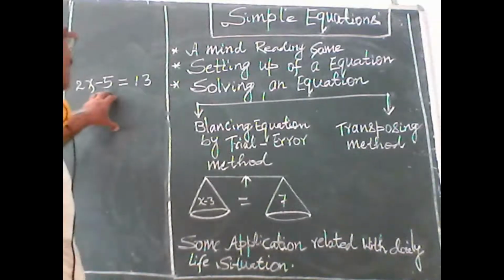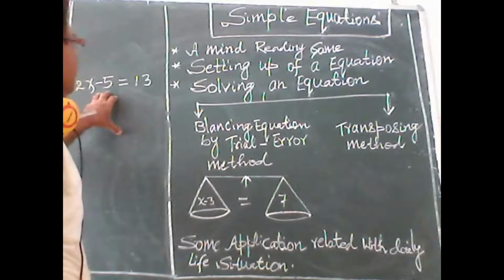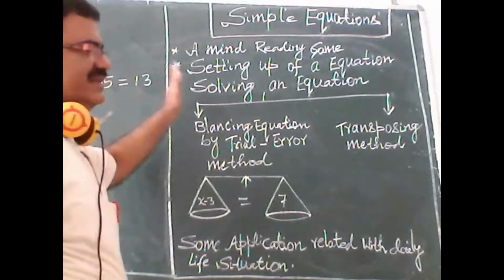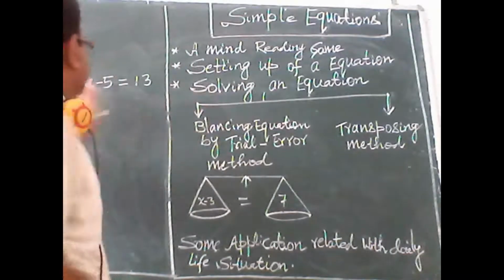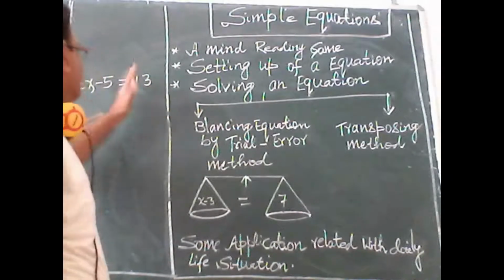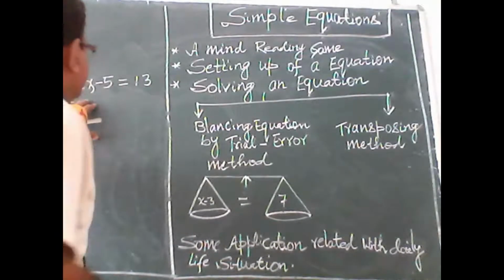So what will you do about this one? Transposing means you have to change one side to the other side, that is, a term of the LHS will go to the RHS and we can get the result.